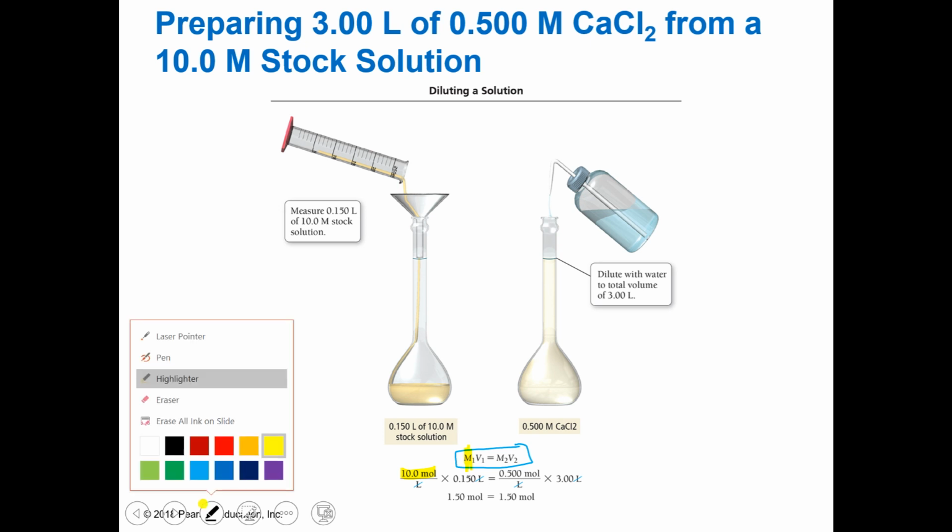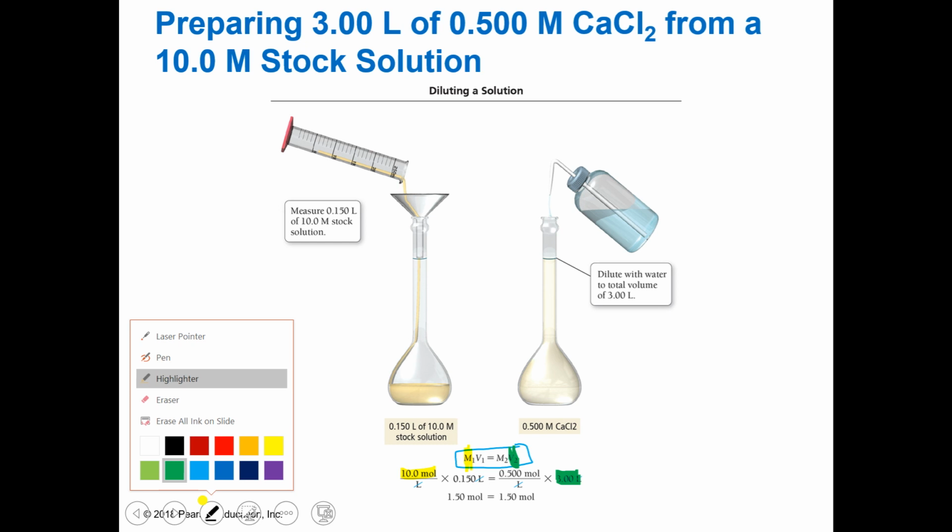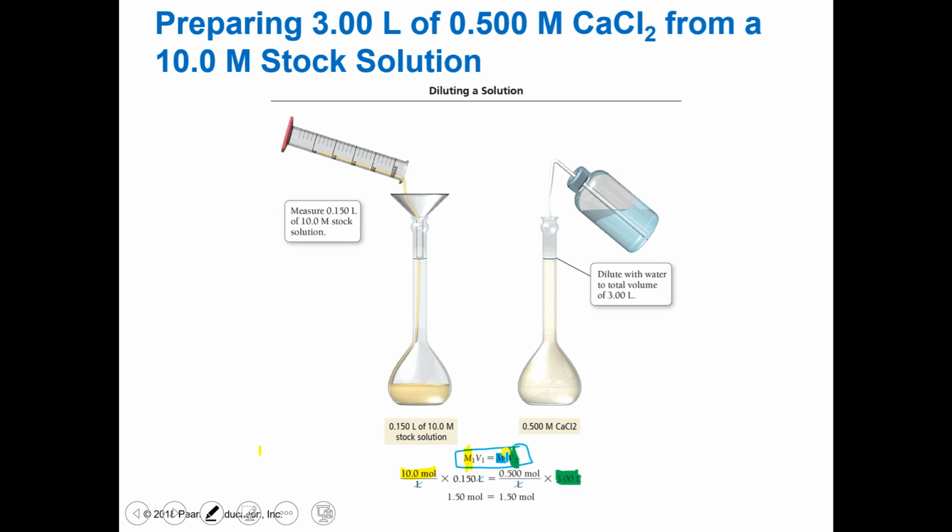We also know how much volume of the diluted amount that we wanted. We know we wanted a molarity of 0.5 and a volume of 3 liters. So the question is, how much of the highly concentrated stuff do we need?